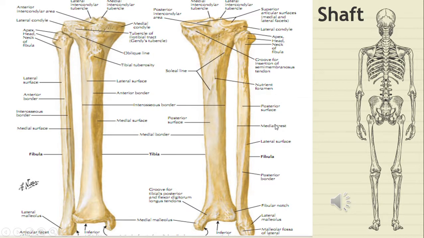It divides the posterior surface into two parts, keeping the expanded upper end superiorly, with the styloid process projecting superolaterally, or should I say posteriorly and laterally. Then keeping the lateral malleolus downwards in such a way that the lateral surface is a roughened subcutaneous surface and medial surface has the facet anteriorly and the malleolar fossa posteriorly.